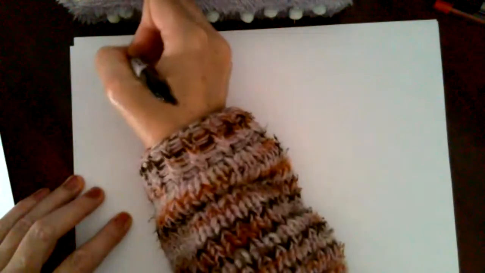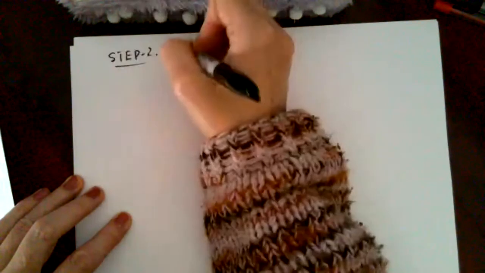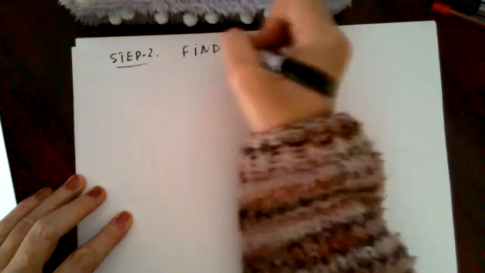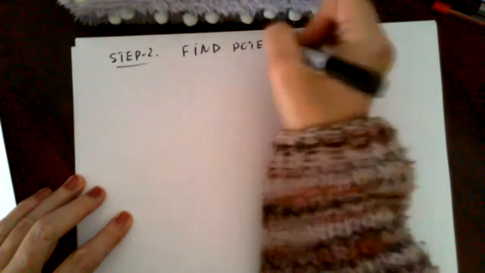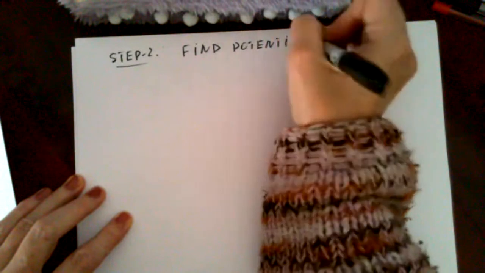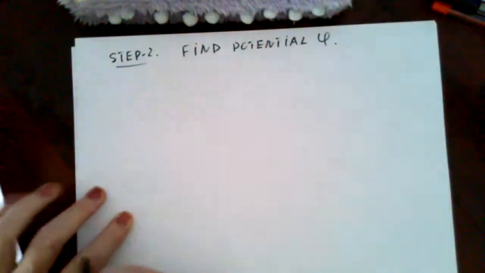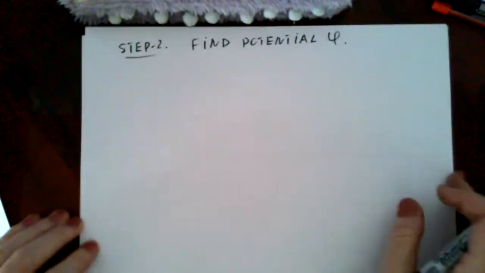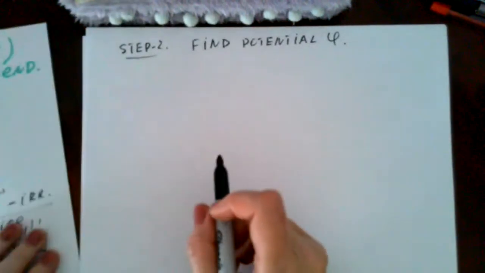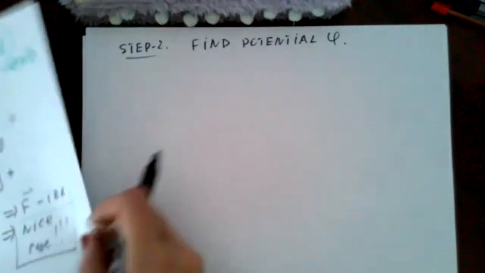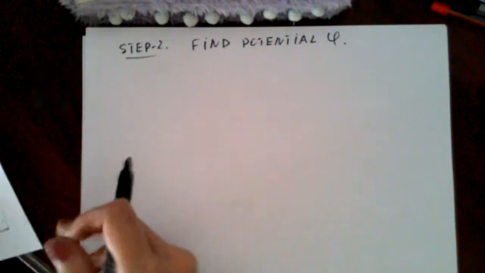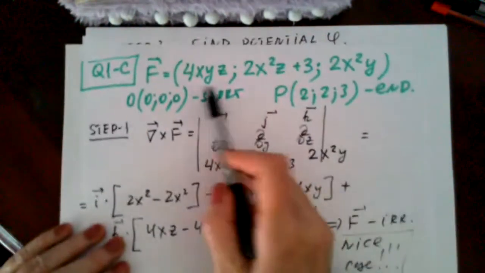Okay, let's do second step. Find potential function phi. We need to refresh this technique because last time it seemed to be quite a big and challenging problem. Okay, so let's have a look at our assignment again.